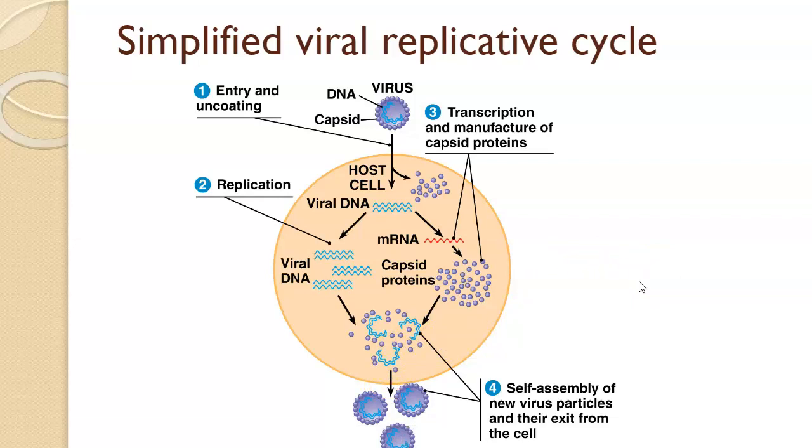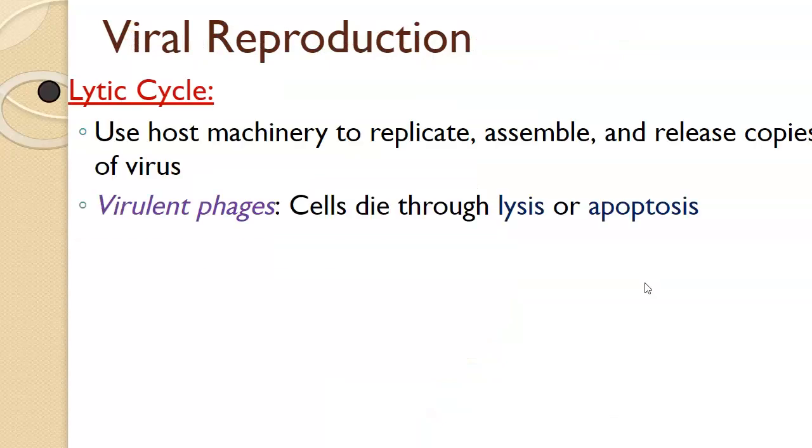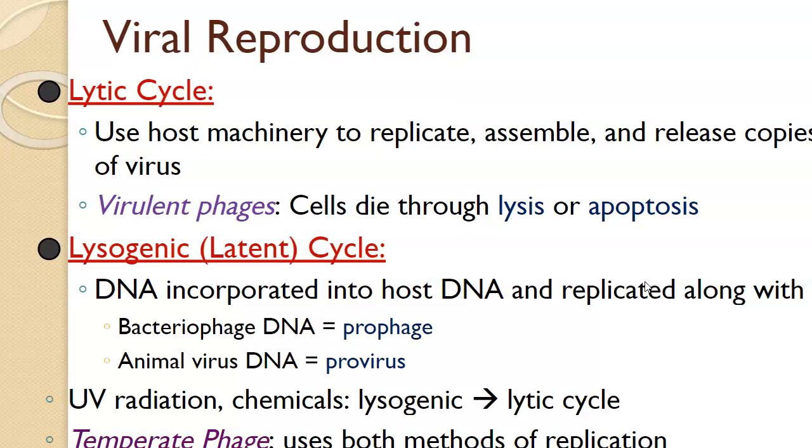They infect a host cell, they make lots of DNA, they use the ribosomes of the host to make more proteins for the capsid. They self-assemble and then burst out to go and infect other cells. There are two kinds of cycles that a virus can go through.